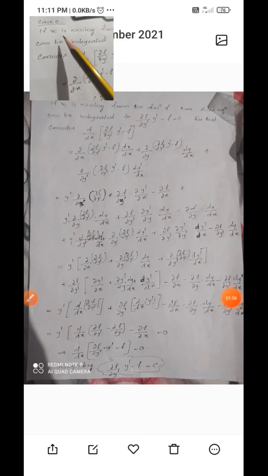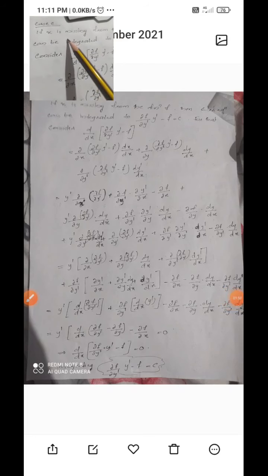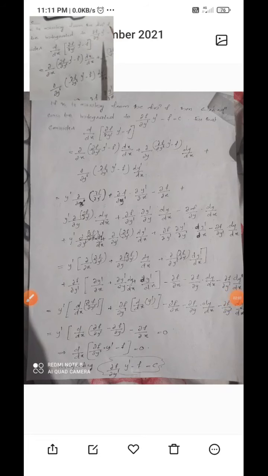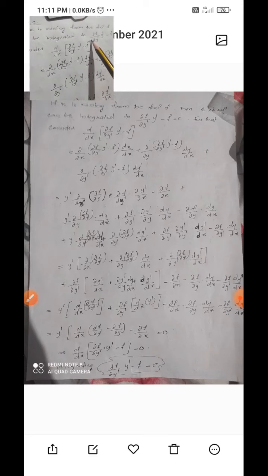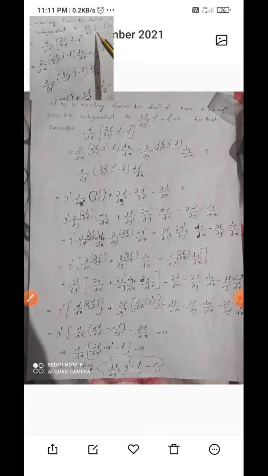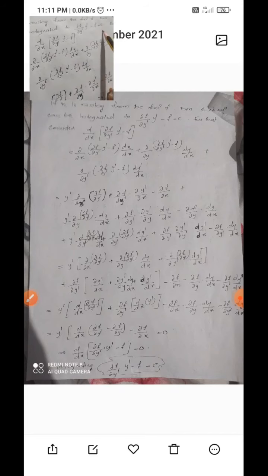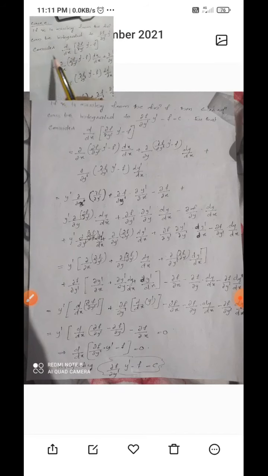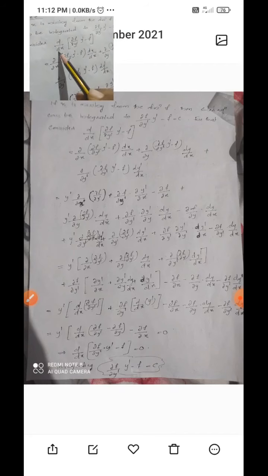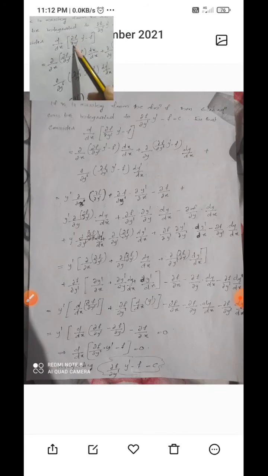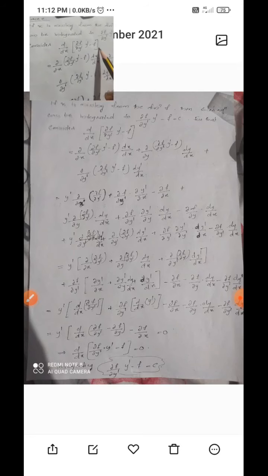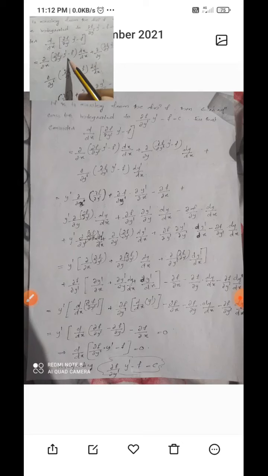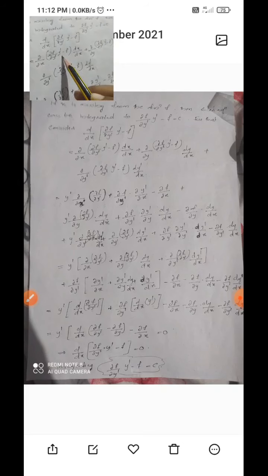Then case C, if x is missing from the function f, then the Euler equation can be integrated to ∂f by ∂y dash into y dash minus f is equal to c. For that, consider d by dx of ∂f by ∂y dash into y dash minus f. Then we have used the total differentiation.